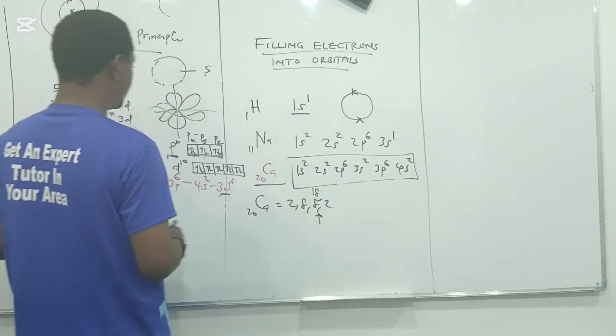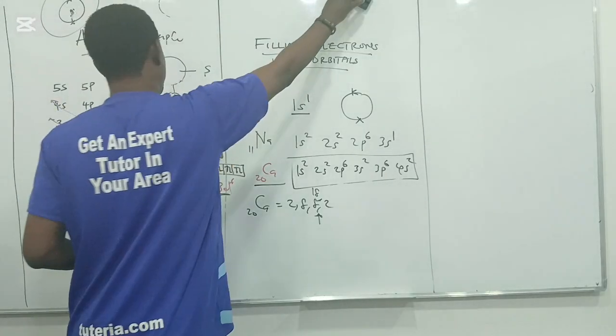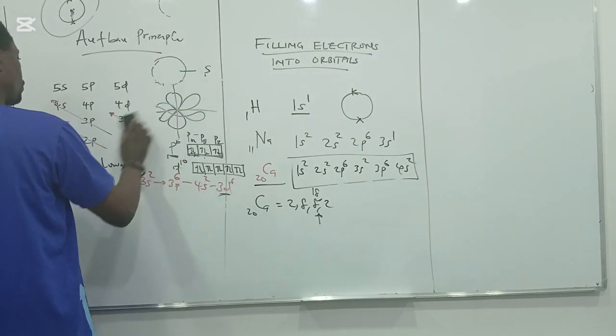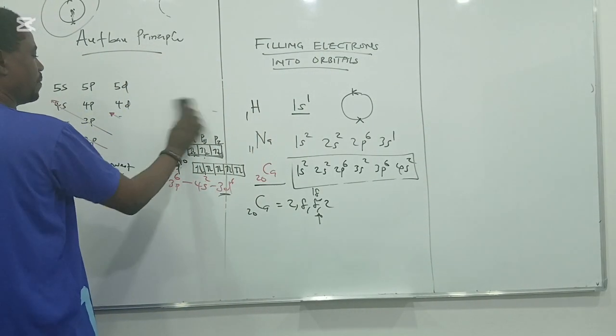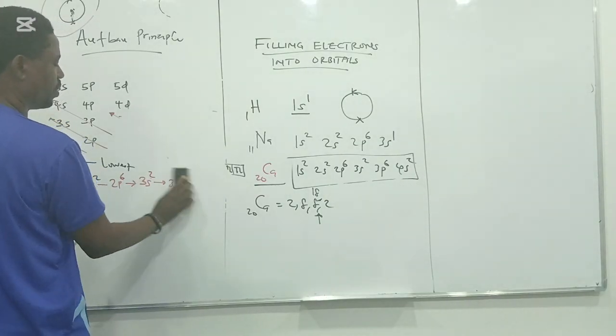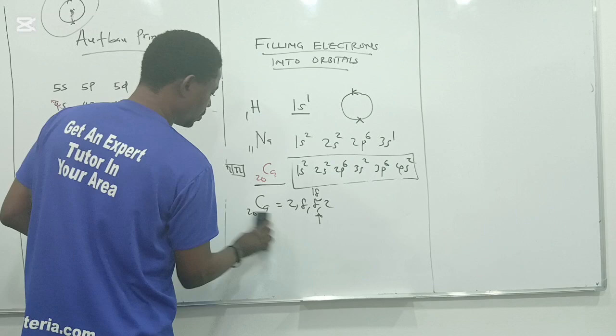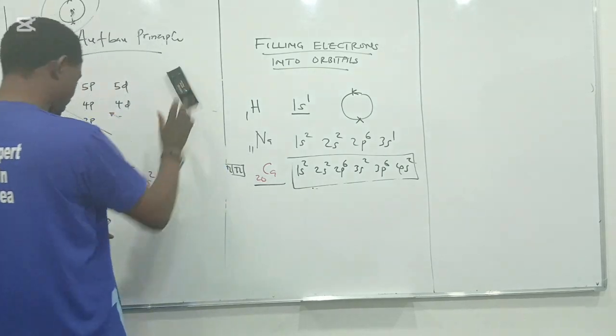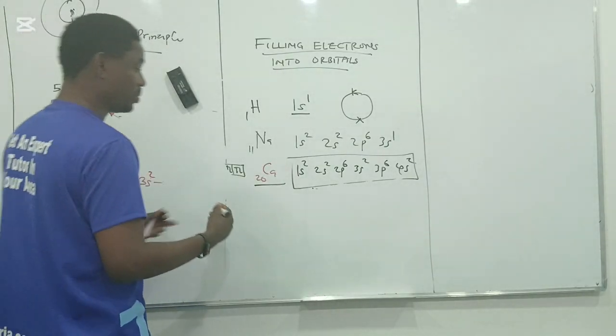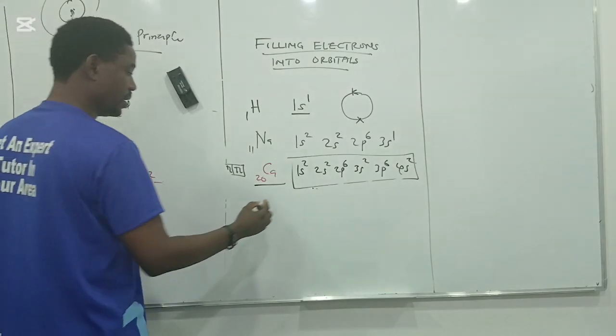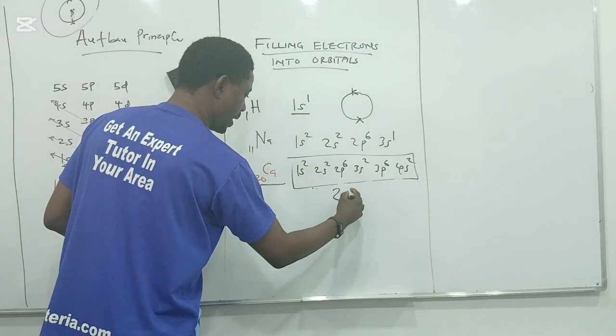Maybe in case you have forgotten, it's better for me to quickly delve into that so we could move forward from there. Now, what is the formula used to calculate the maximum number of electrons that can be accommodated in a particular shell? And that is 2n squared.